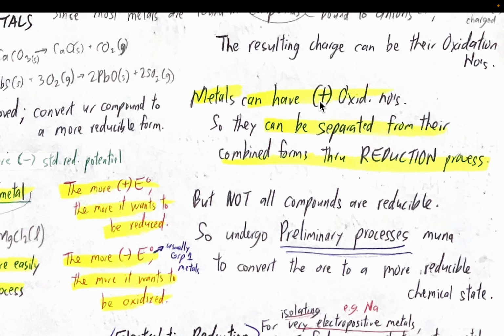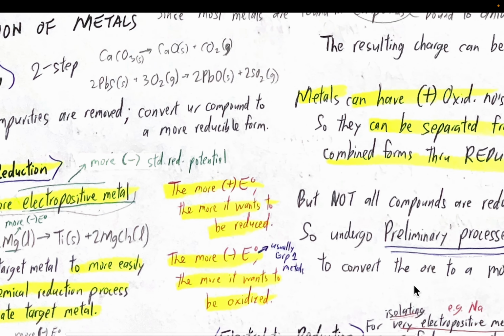Metals can have positive oxidation numbers. Therefore, they can be separated from their combined forms through the reduction process. So, yeah, not all compounds are reducible though. So, you have to undergo a preliminary process first to convert the ore to a more reducible chemical state.